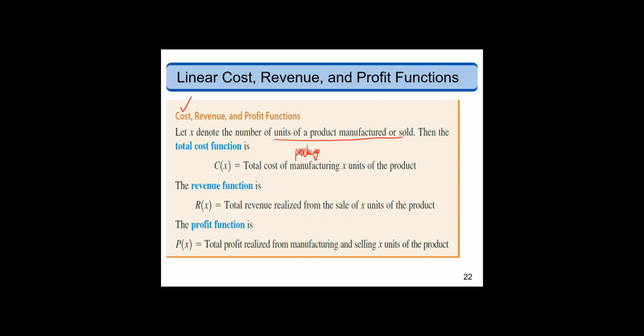The profit function, P of X, is the total profit realized from manufacturing and selling X units of product. Profit equals revenue minus cost, so basically it's R of X minus C of X. That's the relationship between cost, revenue, and profit.